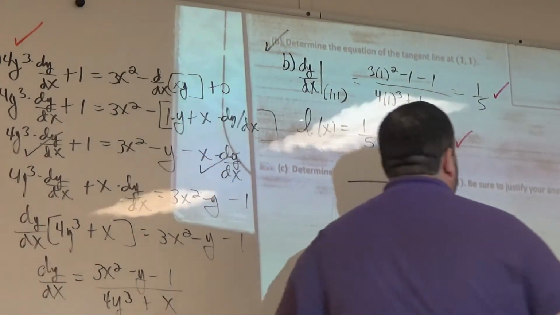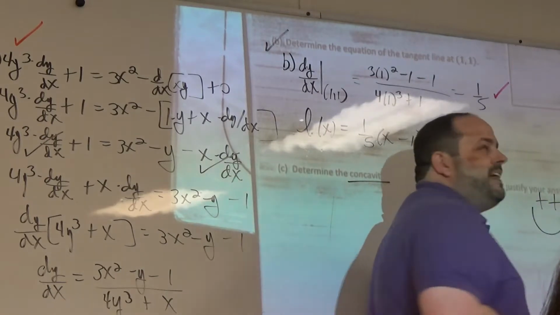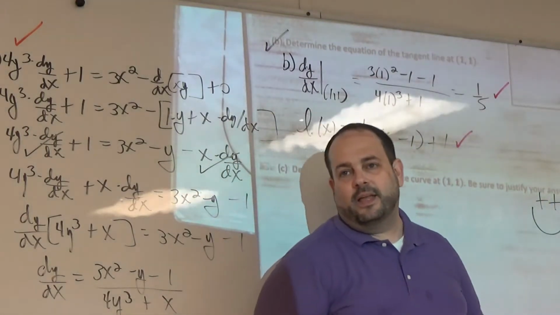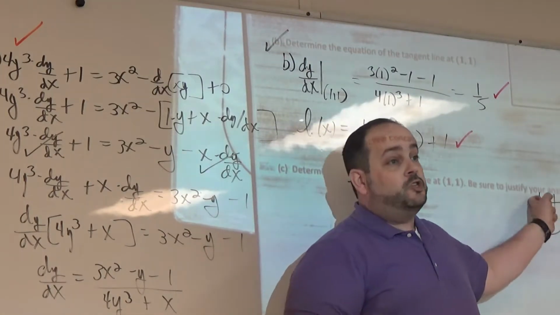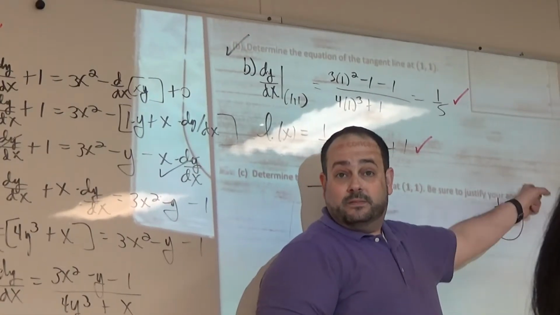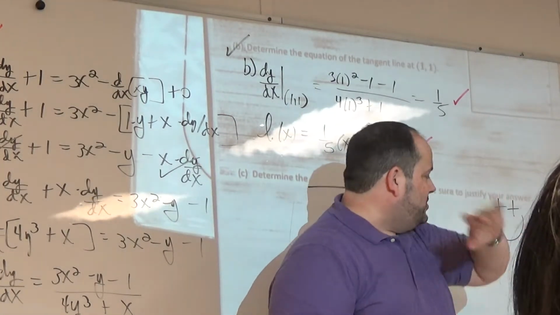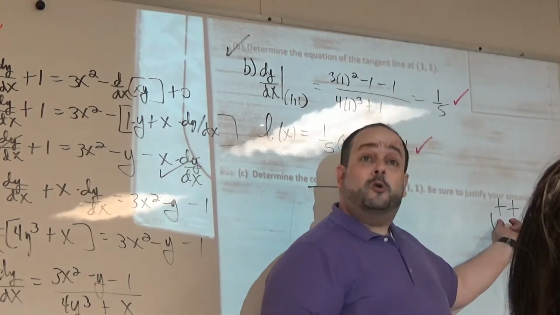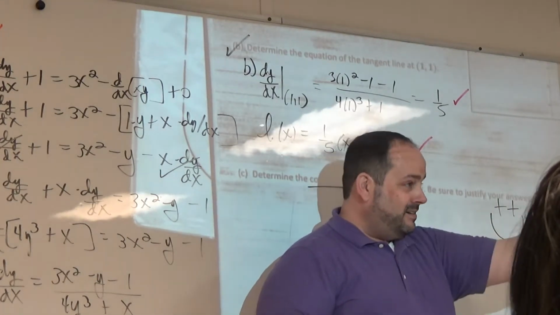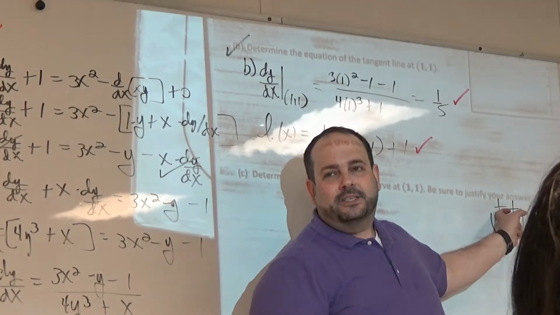Positive. Way back in the day when we were babes in the woods, we used to draw that smiley face, because you're concave up. The 2 positives, because the second derivative is positive.